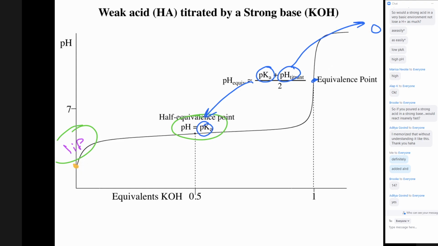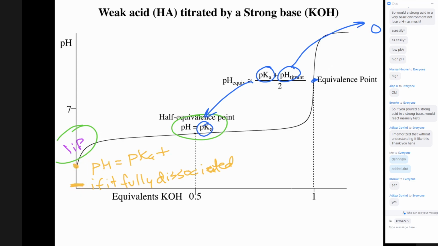This is an average also of pK, but now if it were strong, if it fully dissociated, meaning if we're a strong acid and it completely dissociated, do you agree the pH would be lower? So this is what it would be if it fully dissociated.